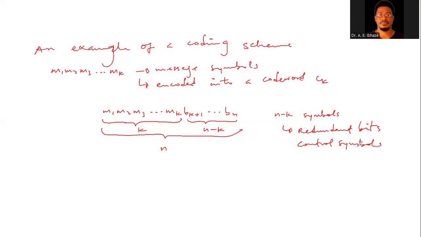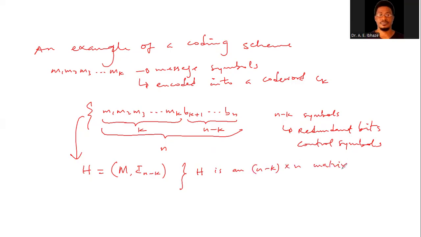Now, this type of coding scheme can be represented as H being the same as M, and then the identity matrix I sub N minus K. So this now gives us a matrix where H, in this case, is an N minus K by N matrix with entries still in the finite field.